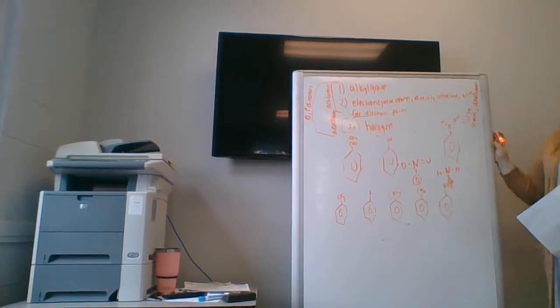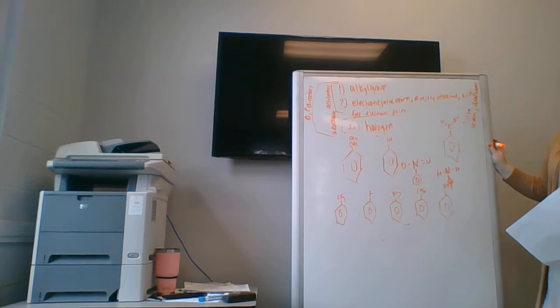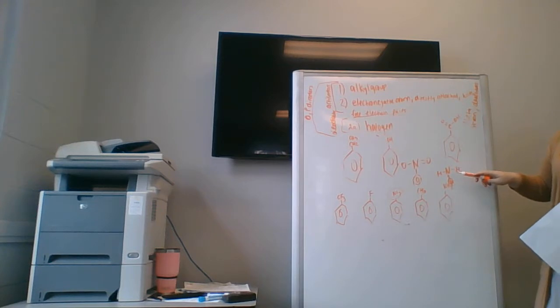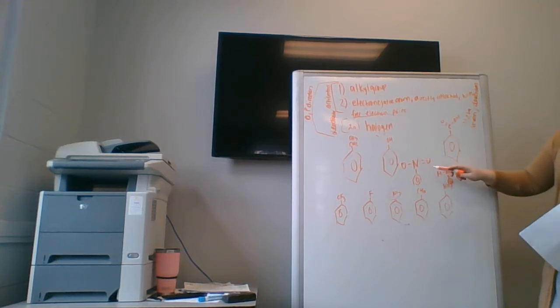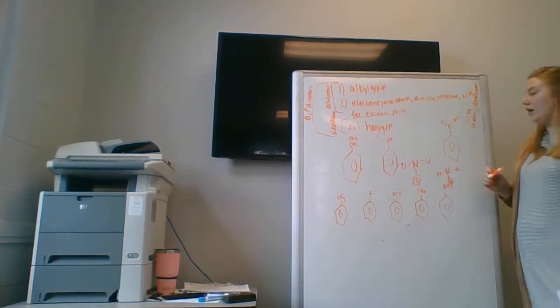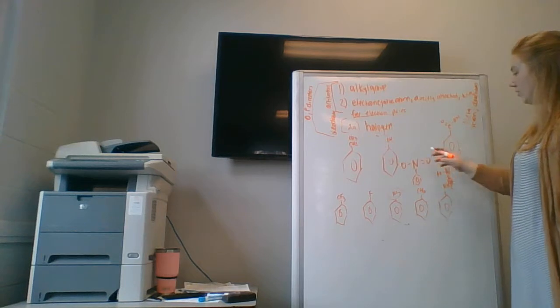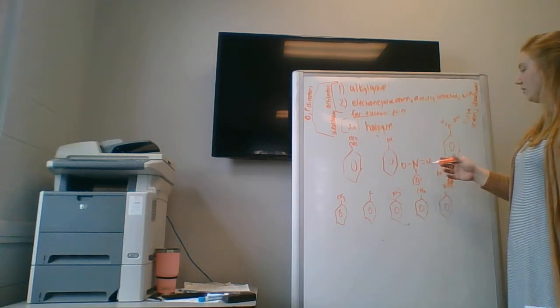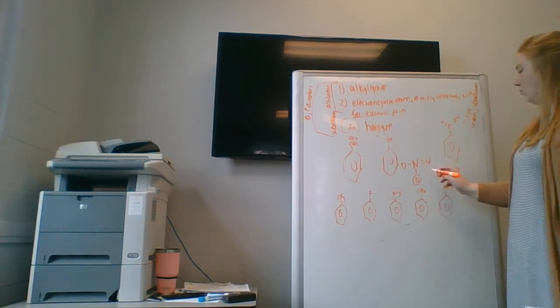Can you draw out the NO2? Yeah, this is what it's going to look like. Unfortunately, to know this one, you have to know how to draw the Lewis dot structure. It is a little bit of a weird one.